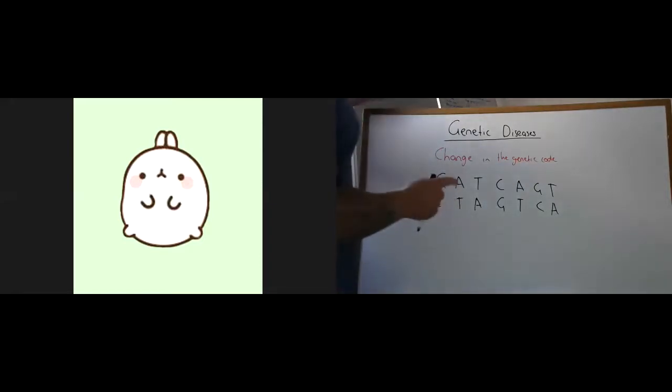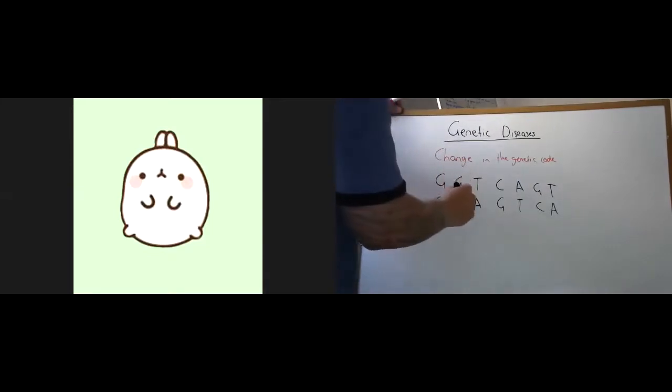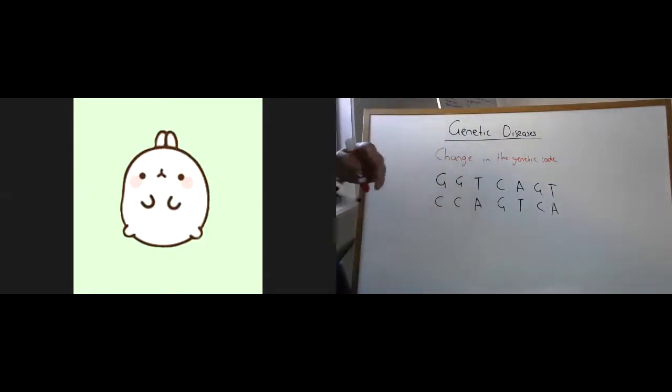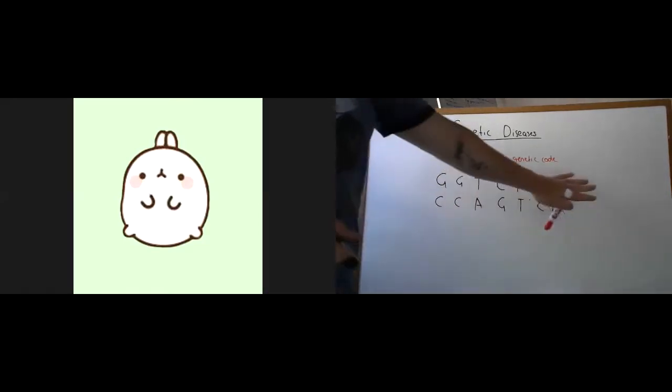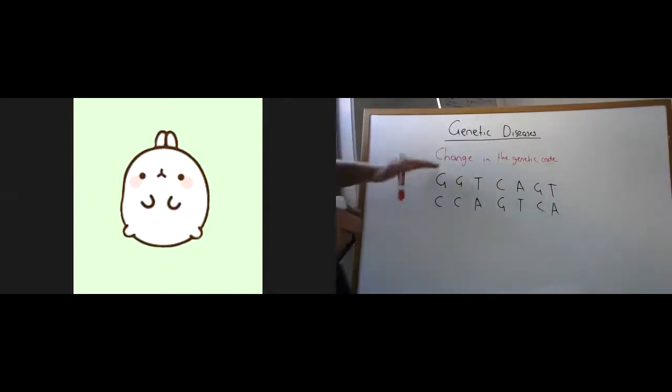But if we change one of these to, what do you think will happen to the protein that is made by this gene? And remember, the protein is what tells the cell what to do.